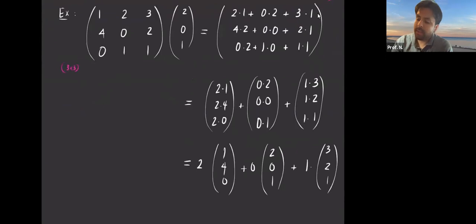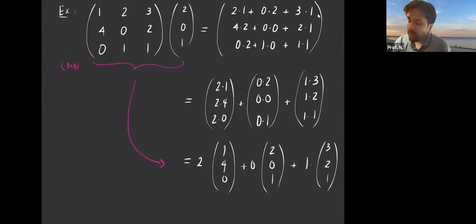And if you pay close attention to what just happened, we went from here to here, right? And then what do we notice? We notice that the 201 corresponds with the entries of the column vector. And we notice that these column vectors that we have here are exactly the columns of our original matrix.